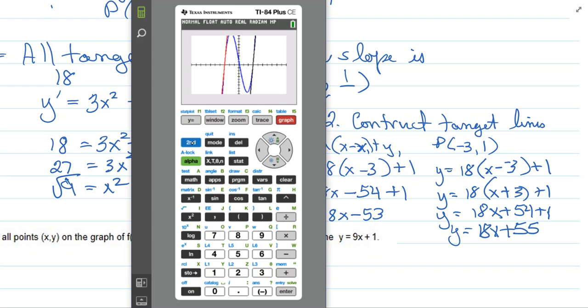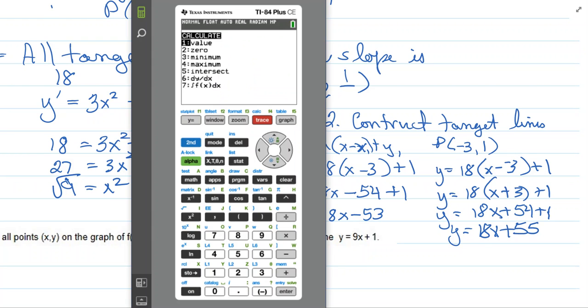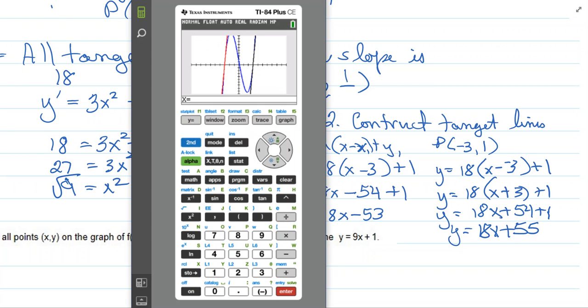So if I do second calc value for my negative 3, I get a 1 for the blue, and I get a 1 for the red tangent line at slope 18.